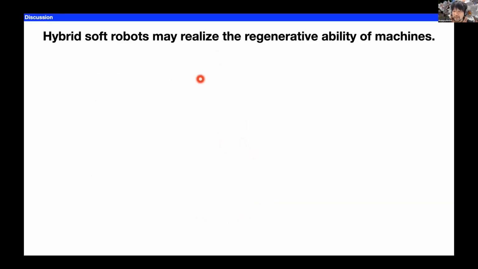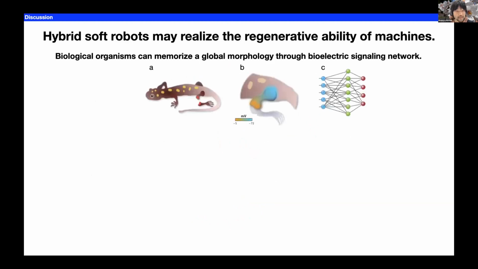If we use this model, we may realize the regeneration ability in machines. Actually, biological organisms can memorize the global morphology through biological signaling like this.